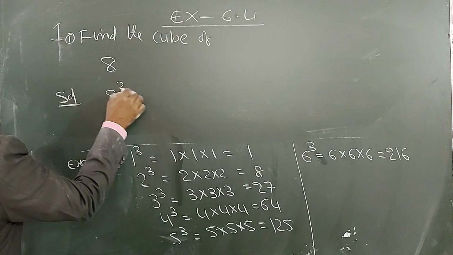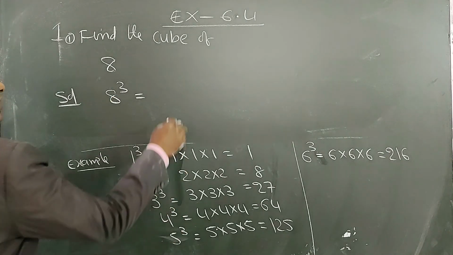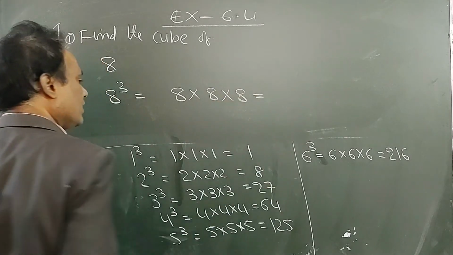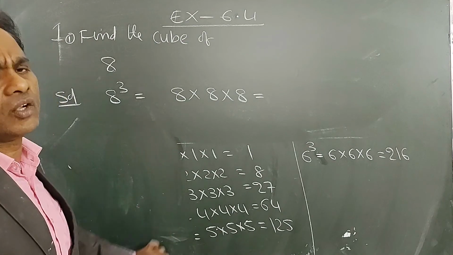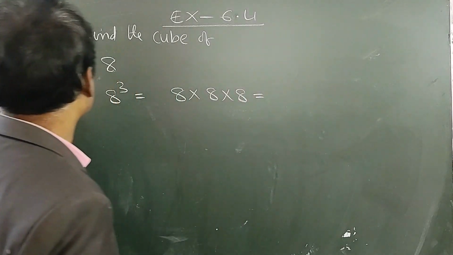Cube of 8 means 8 cube. 8 cube you have to find. You do it, students. 8 into 8, you get the answer. 8 into 8 is 64, 64 into 8. Do it.